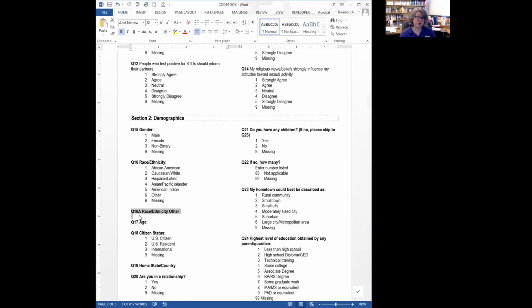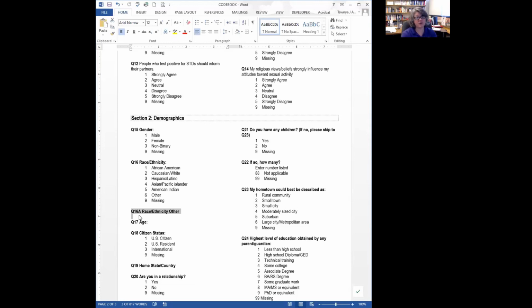So we actually have to create a separate variable for that, a separate line for that in our spreadsheet, because it doesn't go into one of those numeric responses. When someone writes something out, we call it a string field in SPSS, or a text field is what you would generally call it in a spreadsheet program. So we're going to need a space to type in what someone said. And so we have to create a separate variable for that to be able to write in that response.